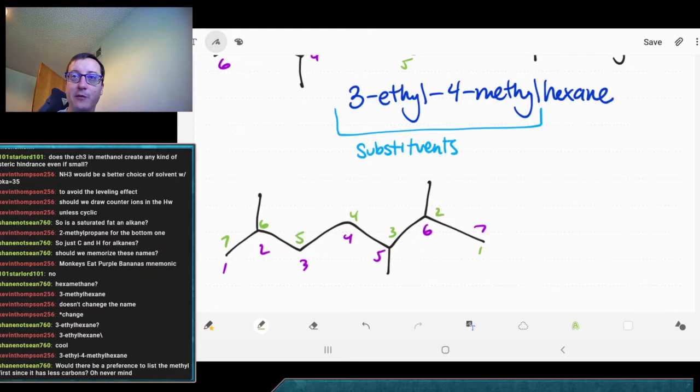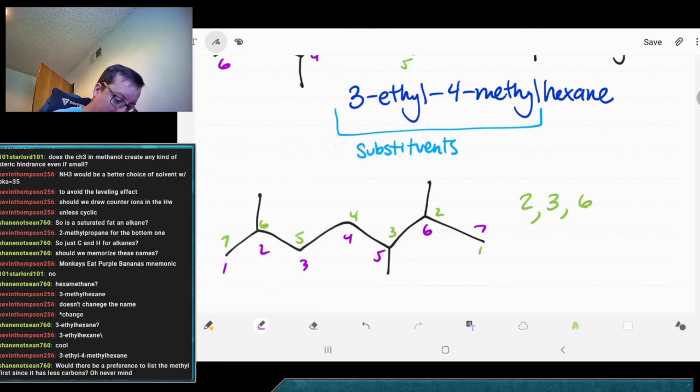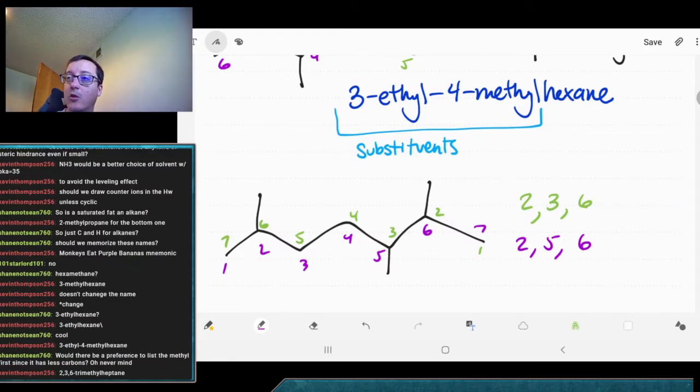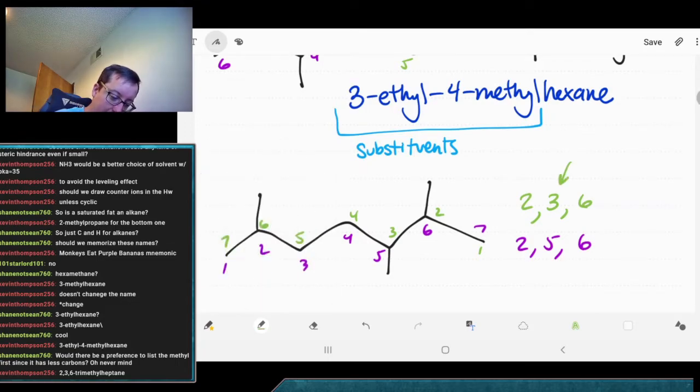So, if we look at our locator numbers, for green, we have something on 2, 3, and 6. For purple, we have 2, 5, 6. So, indeed, we are going to choose the green one because that gives us the lowest possible numbers.